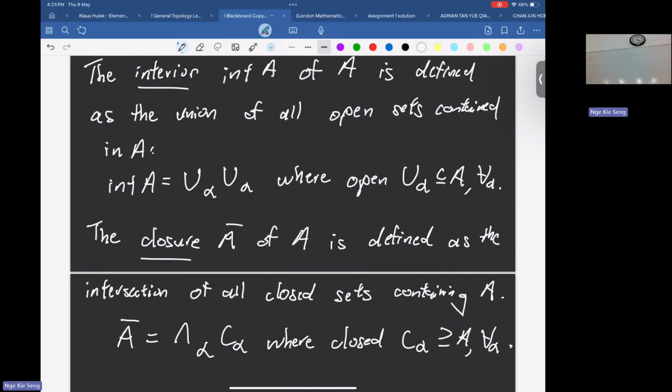But there's one very nice observation to make here. What do you see? We define using union and intersection, again set theory, and then define using what? Open sets and closed sets. So that's why topology is important. We put union on open sets and intersection on closed sets. Makes sense, right?